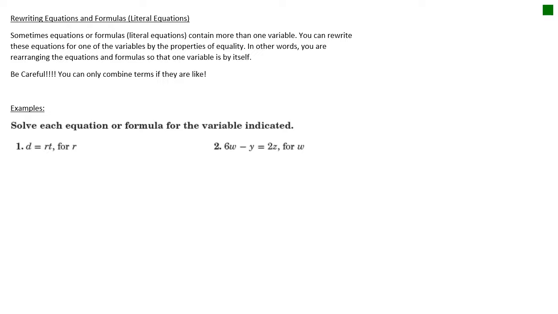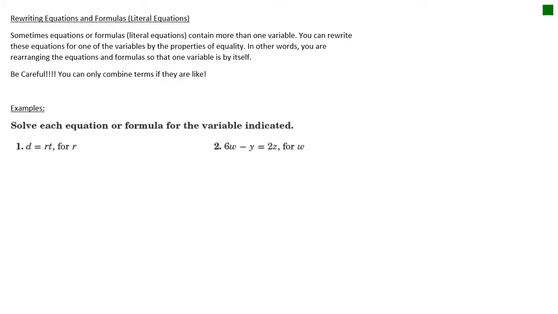So the way you do that is you go through the same steps that you go through with equations. You move everything away from what you're solving for by using opposite operations. So, for instance, I have distance equals rate times time. Instead, I want rate equals something else. So if I look here, I have rate times time.